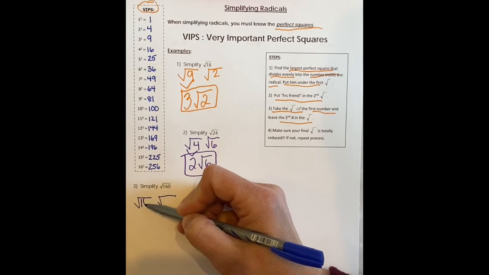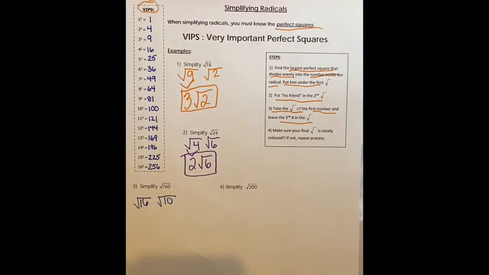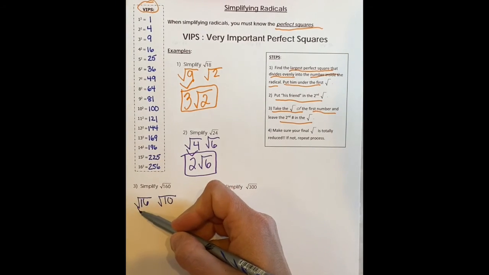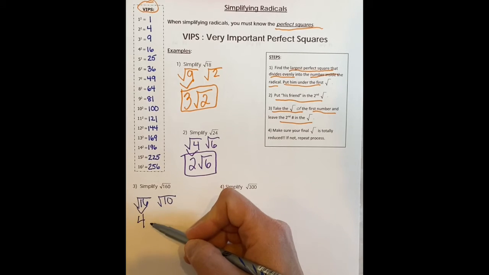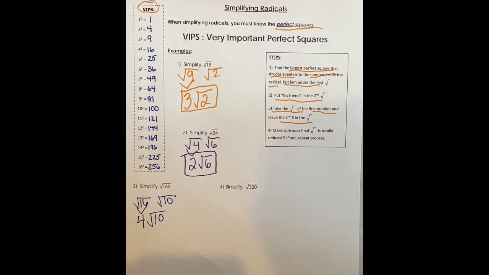So I'm going to put 16 underneath my first radical and 10 underneath my second. I'm putting 16 first because that is my perfect square. Now I take the square root of 16, which is 4, and keep my radical 10 next to it. Now I make sure that radical 10 doesn't contain any other perfect squares, and it doesn't, because the factors of 10 are 1, 2, 5, and 10. None of those are perfect squares.